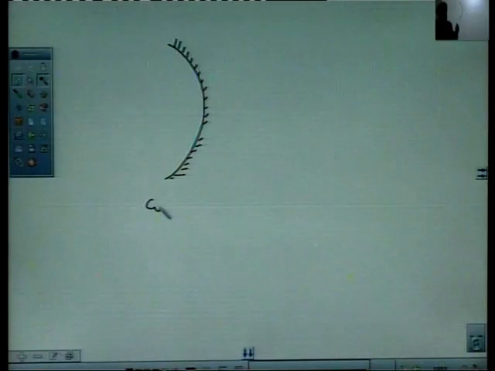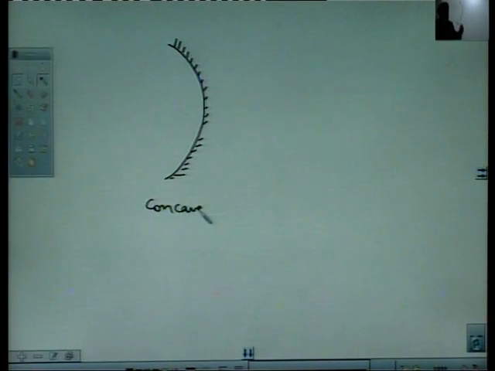Now, in case of these mirrors, first of all, this is the concave mirror. There are certain terms which are related with these mirrors. This center of the mirror is called pole.